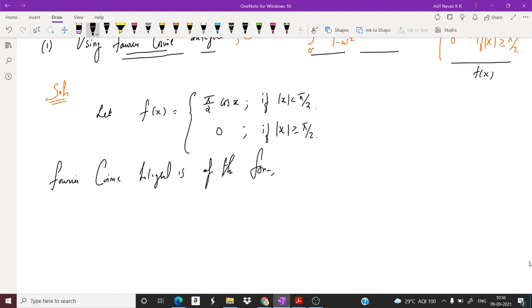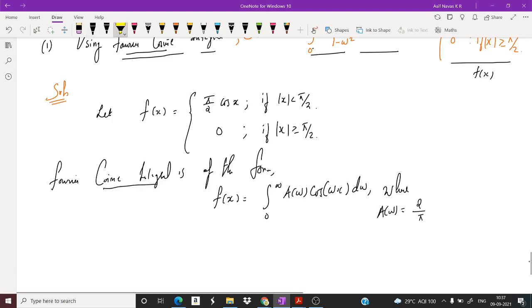So you write down first what is cosine integral. F of x is equal to integral 0 to infinity a of omega cos omega x d omega, where a of omega is equal to, by definition, 2 by pi, because it's a Fourier cosine integral, 2 by pi integral 0 to infinity f of v cos omega v dv.